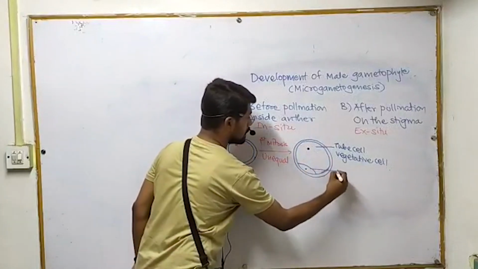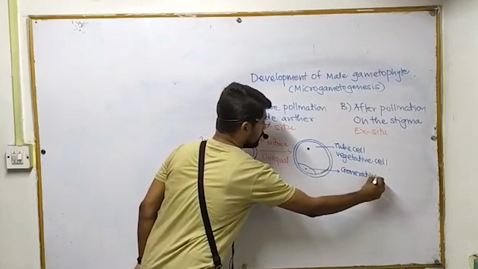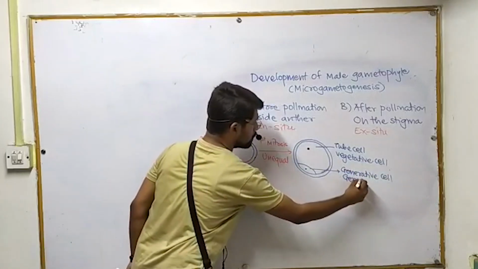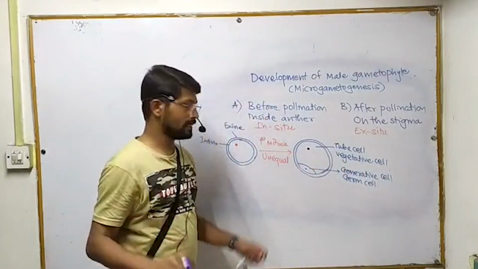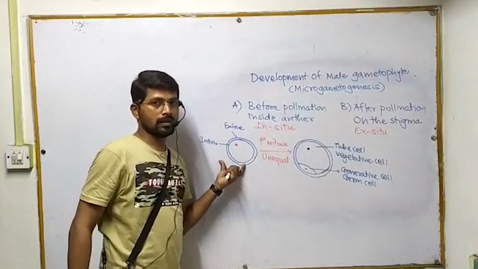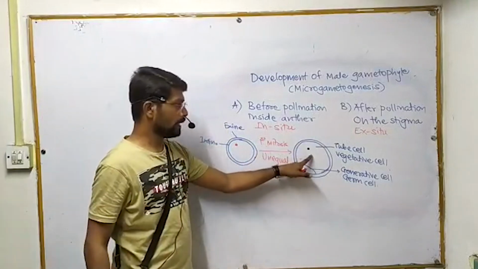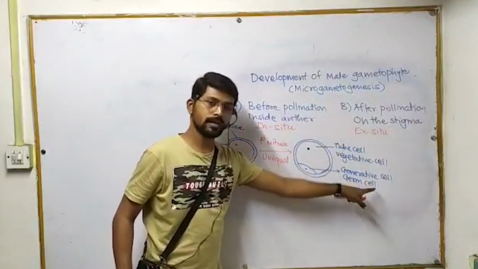This is the second cell. It is called generative cell or germ cell. This cell is small in size, and therefore I have used the term unequal. So the microspore divides by first mitosis to produce two unequal cells. One is large, the tube cell or vegetative cell, and the second is the generative cell or germ cell.